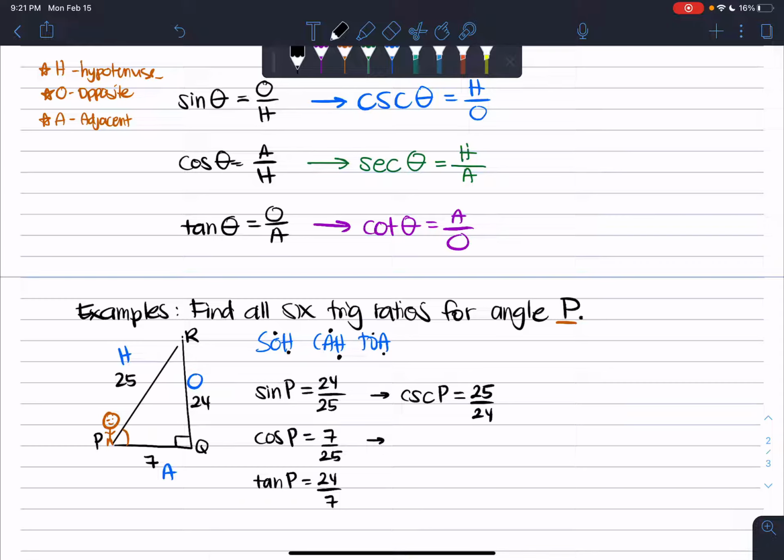Secant is the reciprocal of cosine. So we get secant of P is equal to 25 over 7. And cotangent is the reciprocal of tangent. So we get cotangent of P is equal to 7 over 24. And that's it.